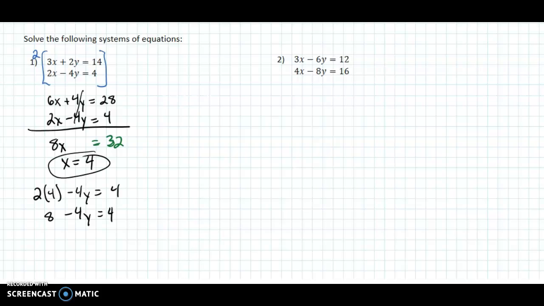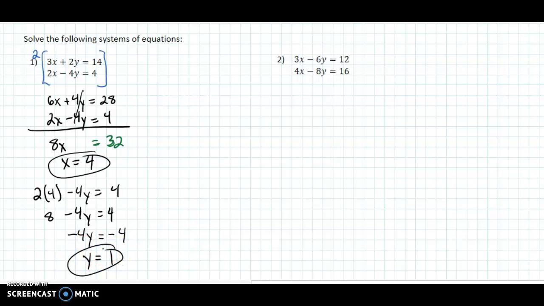Which I can subtract 8 over to get negative 4, and so y is equal to 1.